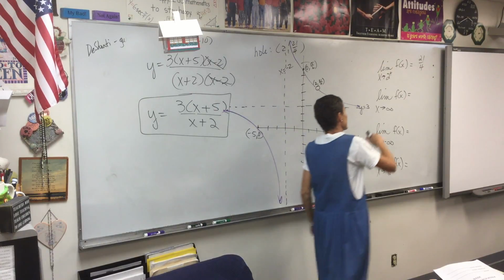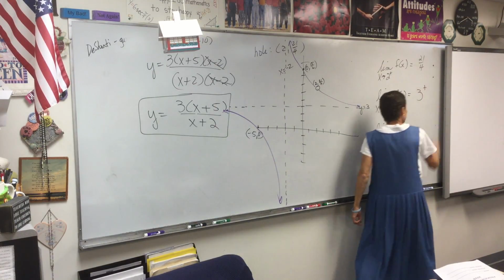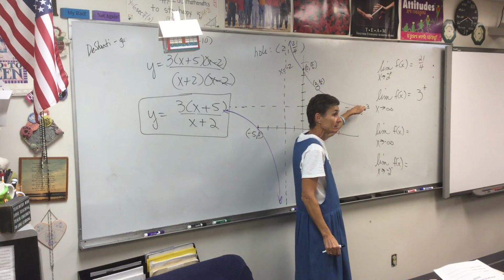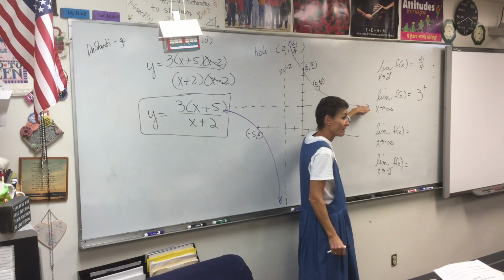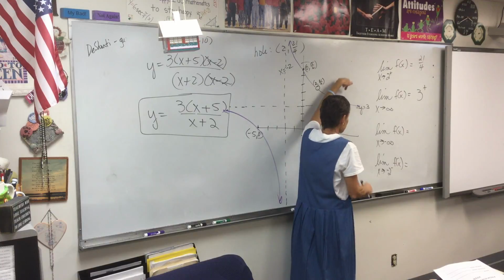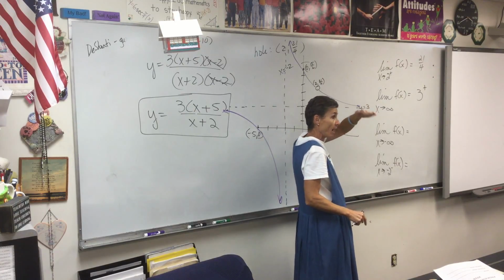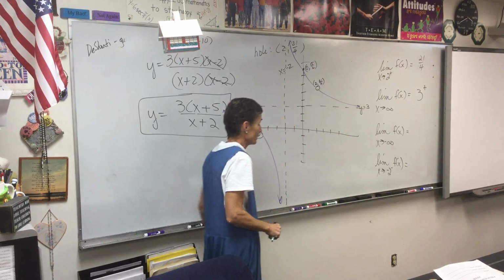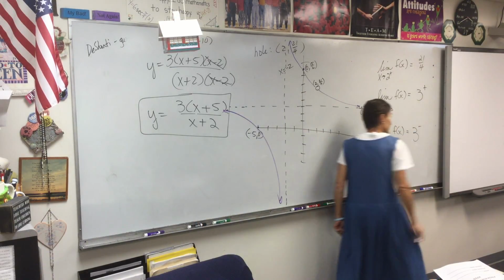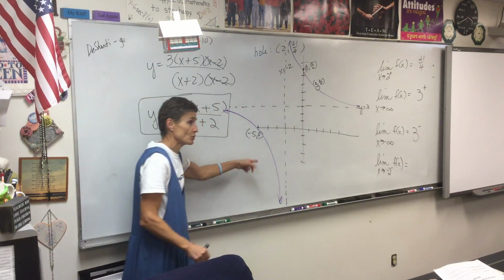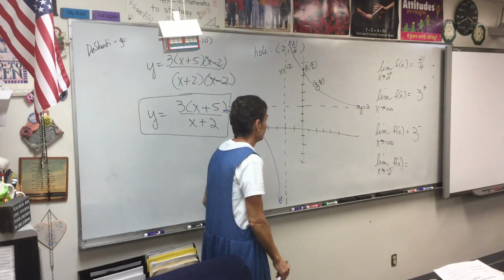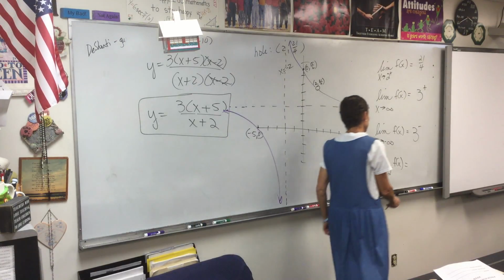Now, when you say 3, I want you to put a little plus up here, because you can approach 3 from above. Your y values are approaching 3, but you could be doing it this way too. We want to say we're coming in from the top. What's the next one? 3 negative. You're coming in from the bottom over here. And what about the last one? Negative infinity.